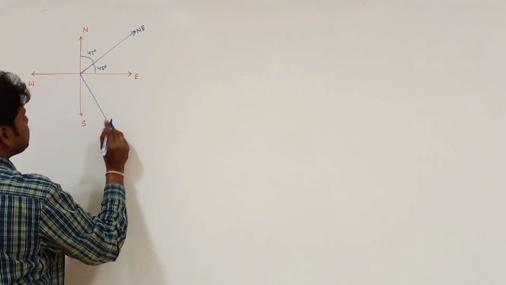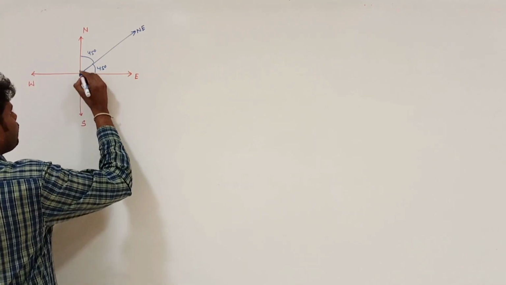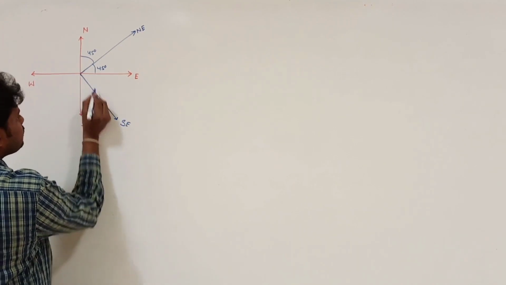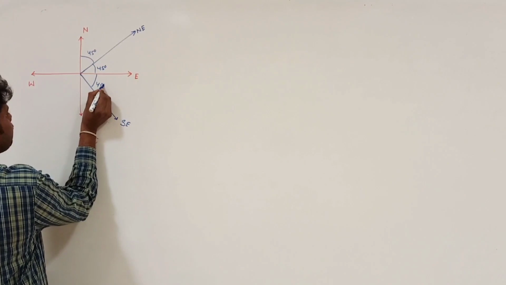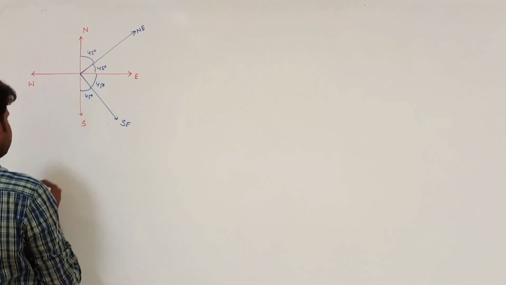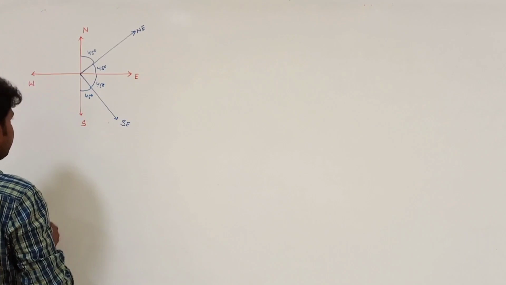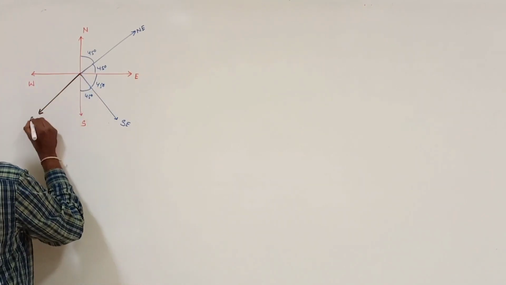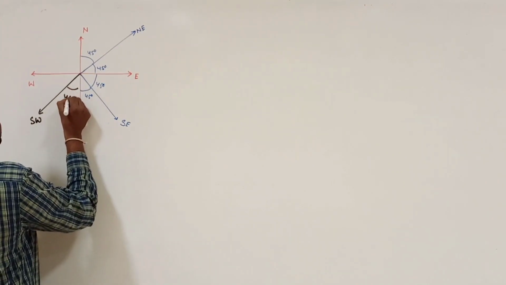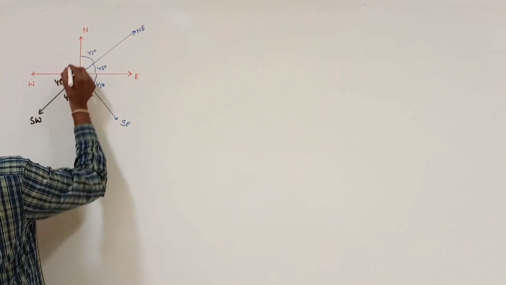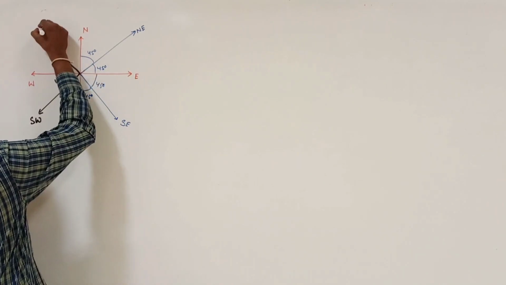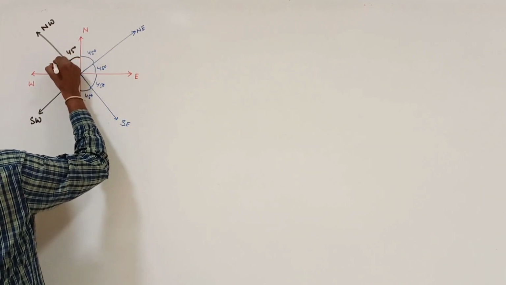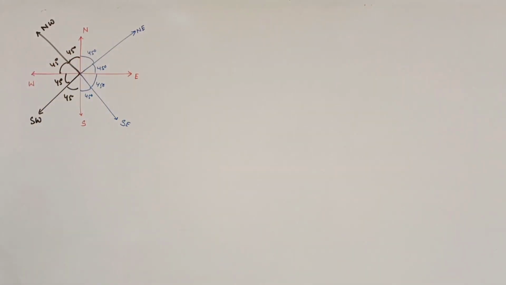This is called southeast, 45 degrees from south, 45 degrees. This is called southwest, again 45 degrees from west, and this is called northwest, 45 degrees. The total will be 360 degrees.